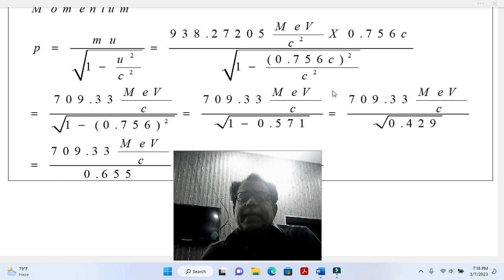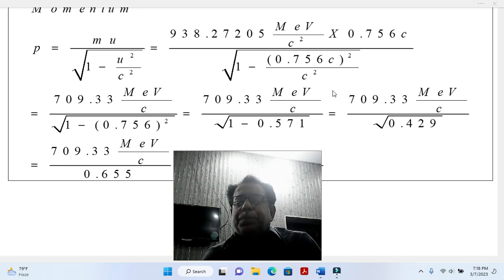When we take the square of 0.756, it becomes equal to 0.571. In the next step we subtracted 0.571 from 1, and it resulted in 0.429. In the denominator, no change.